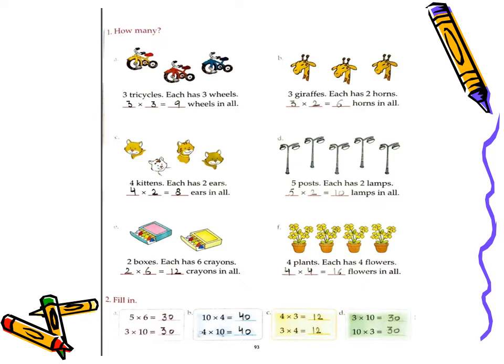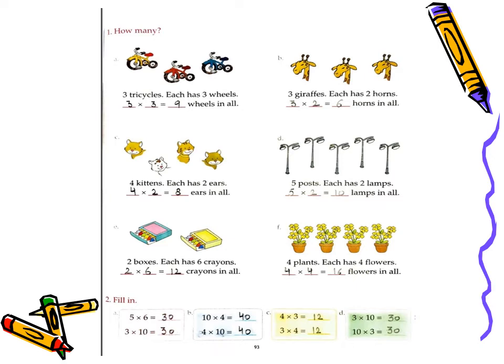B part, 3 giraffes, each has 2 horns. 3 into 2 equals 6 horns in all. C part, 4 kittens, each has 2 ears. So 4 into 2 equals 8 ears in all.